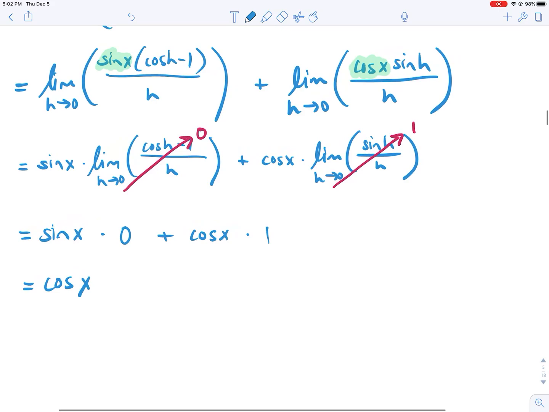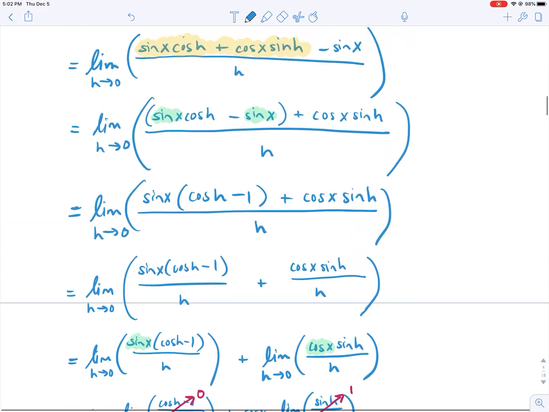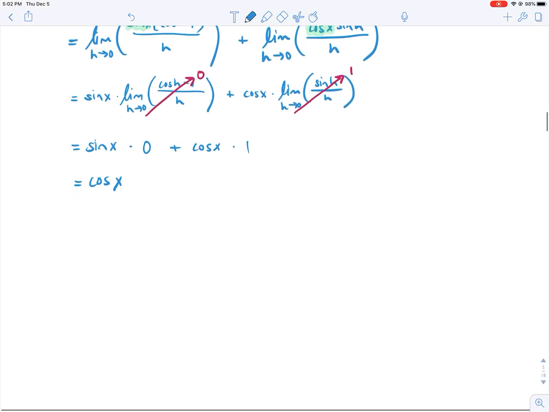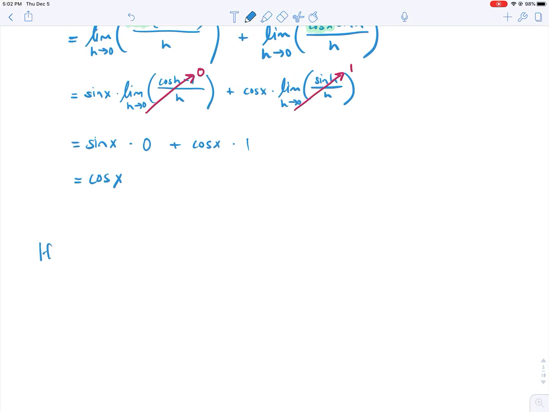Okay, so guess what? The derivative of the sine of x is cosine of x. So if f of x is equal to sine of x, then f prime will be equal to cosine of x.